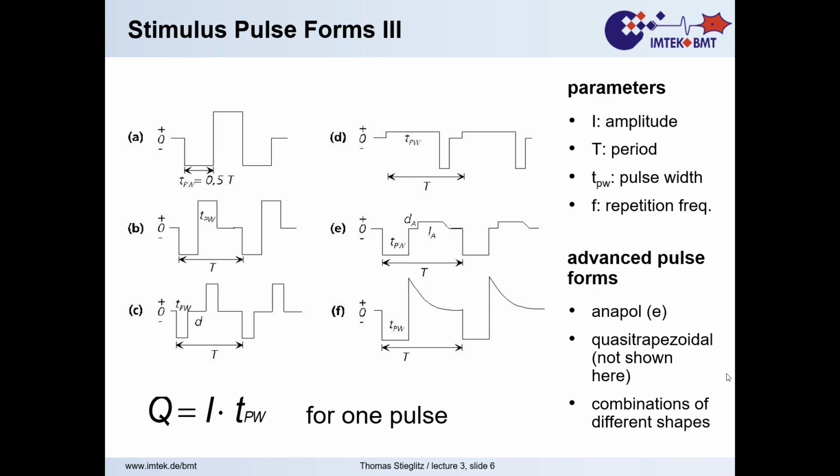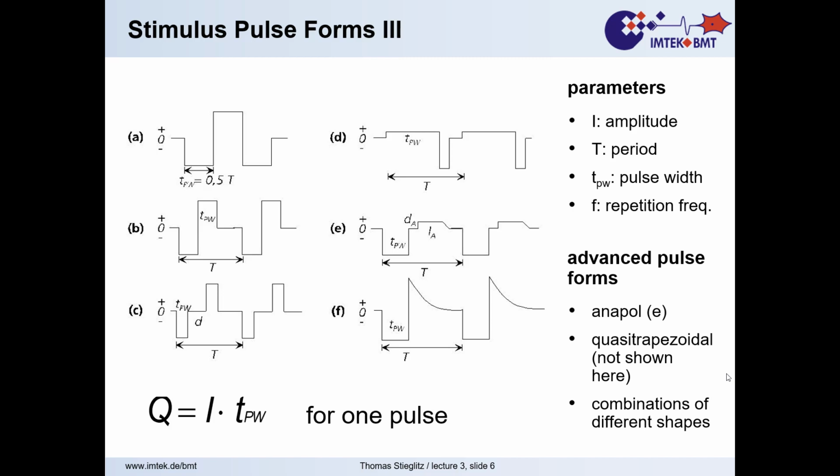If we take the first edge of such a pattern and go to the same edge of the next pattern, that's called a period. And 1 over the period is the repetition frequency. Same as everywhere, if you have a repetition frequency, the inverse is the time period. And in between there might be differences.